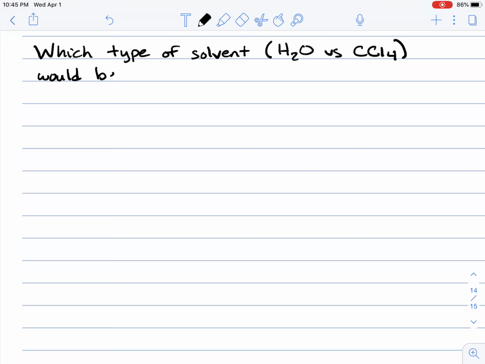So what we're going to address is which type of solvent, let's just say H2O versus CCl4 for now, carbon tetrachloride, would be used to dissolve the following solutes.